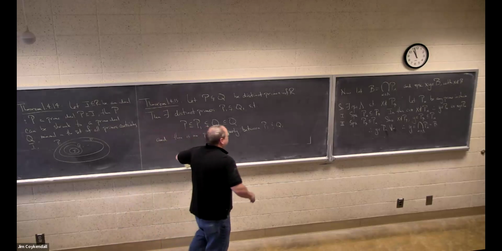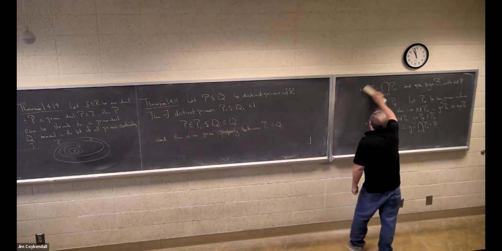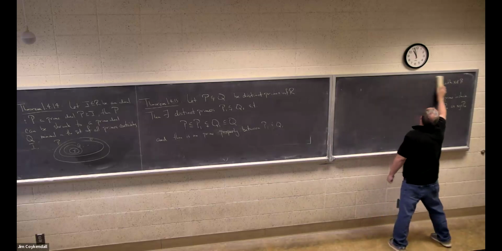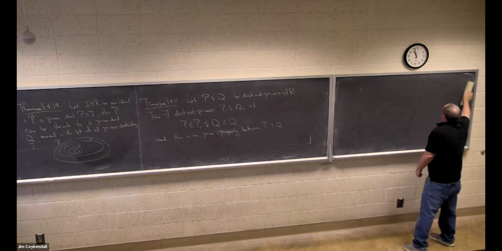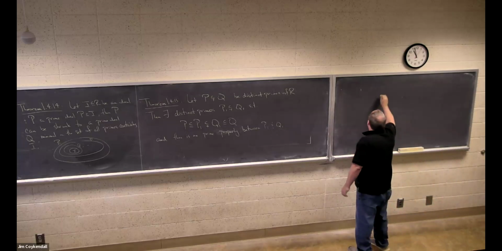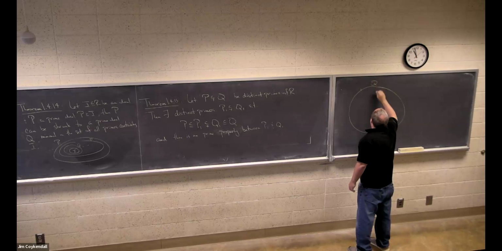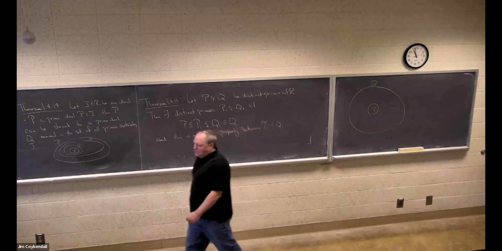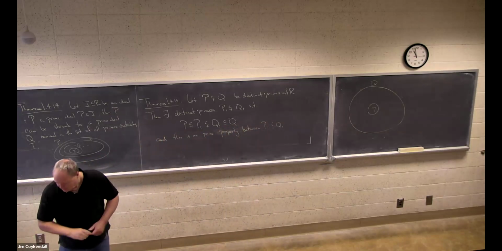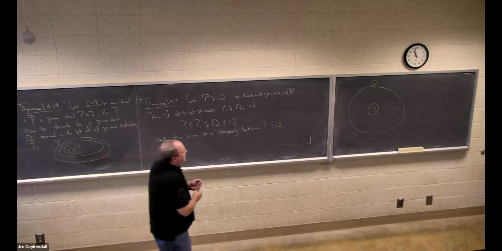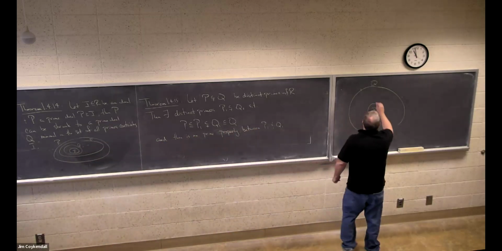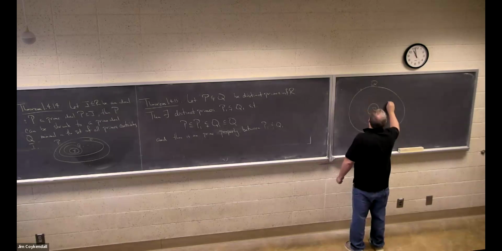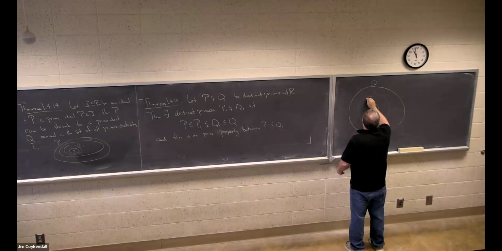So here's one of my patented little cartoons about this. The idea is you've got big primes and small primes perhaps. What you can do is find primes here. Say this is Q1 and P1.